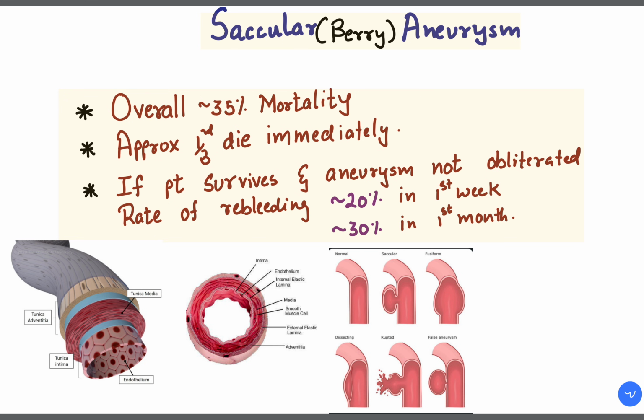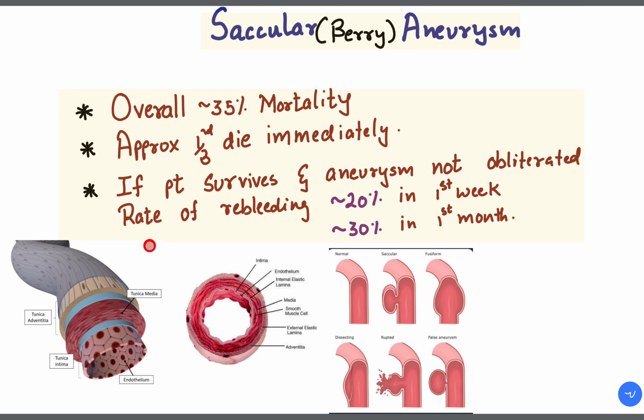So, discussing berry aneurysms. First of all, we must understand why the aneurysm forms in the first place. The patient might have risk factors such as hypertension or smoking history, or genetic conditions wherein the arterial wall becomes weak and leads to outpouching of the artery.